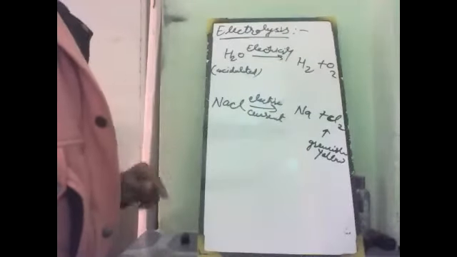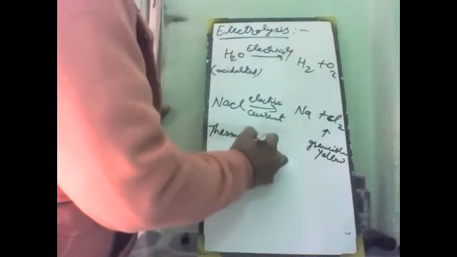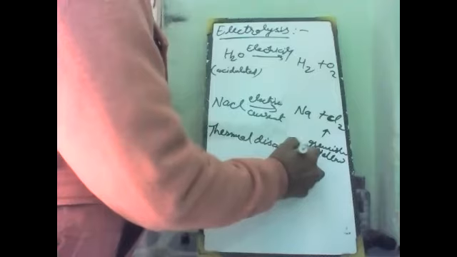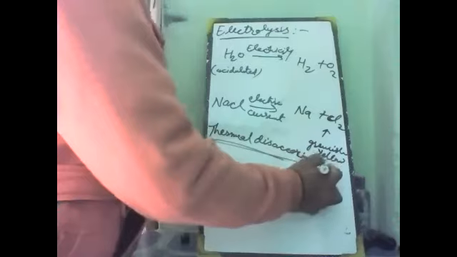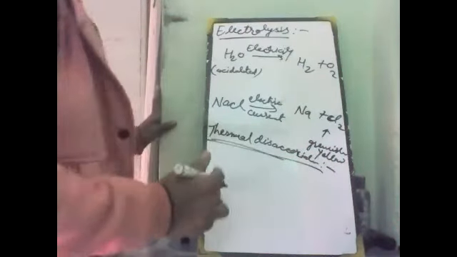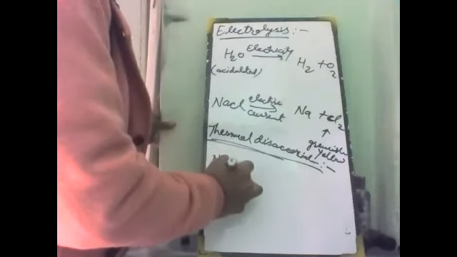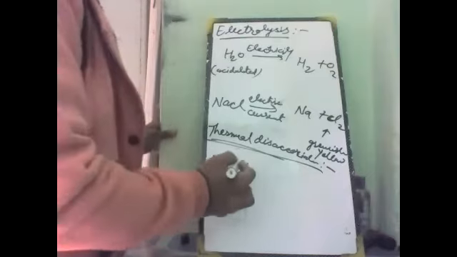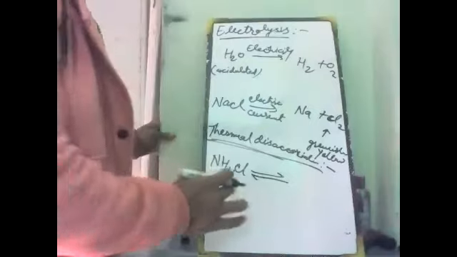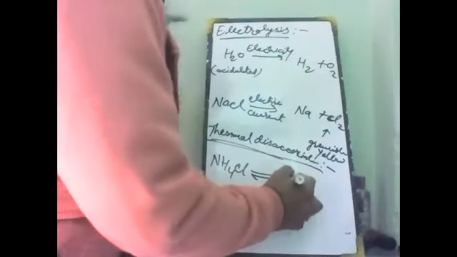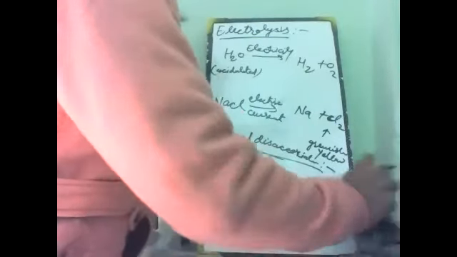Another type of decomposition is thermal dissociation. When decomposition takes place in the presence of heat, it is known as thermal decomposition or thermal dissociation. It's a reversible reaction, and it changes into NH3 and HCl.